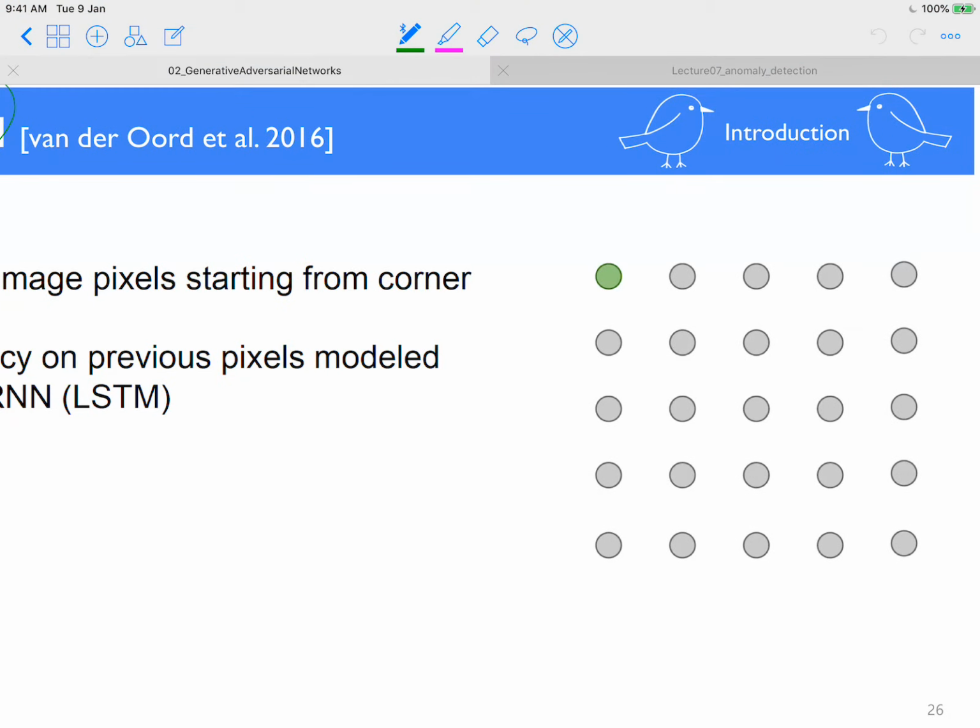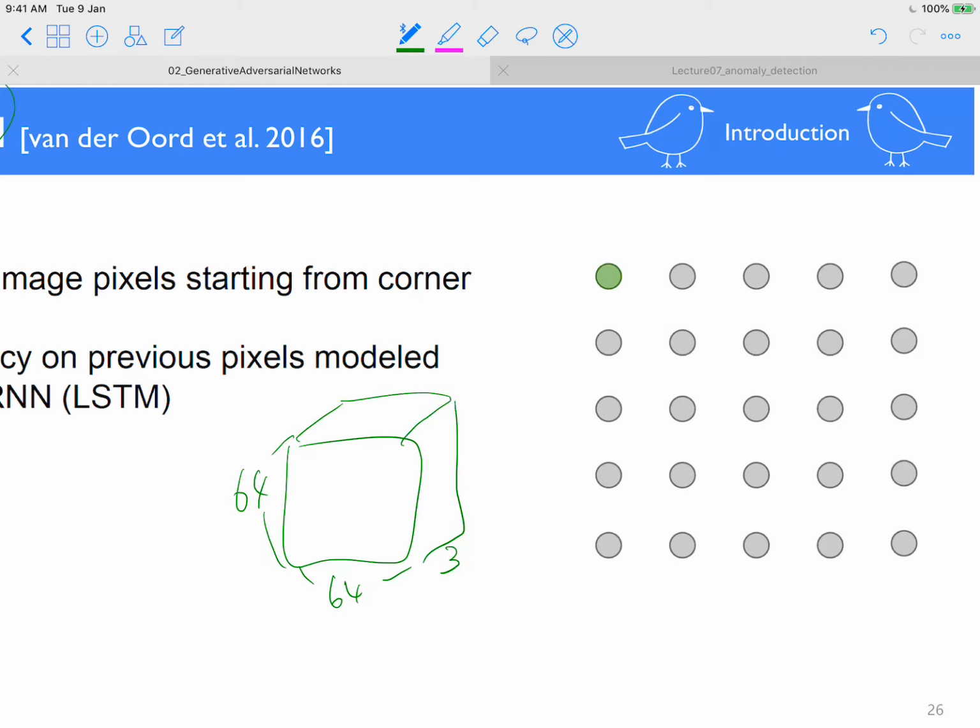The direction can be formed in a different manner, but let's just think of the generative model as a sequence of generating each of the pixels in our image, having the size of 64 by 64 by maybe 3.